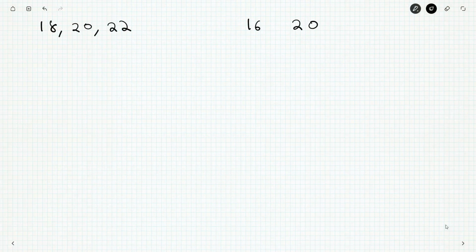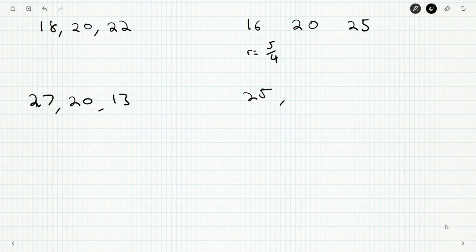So obviously 18, 20, and 22, that's an arithmetic sequence, but we need 16, 20, and 25 would be our other sequence, and that's a common ratio of 5/4. And then it's 27, 20, and 13, and you're getting 25, 20, and 13 plus 3 is 16.